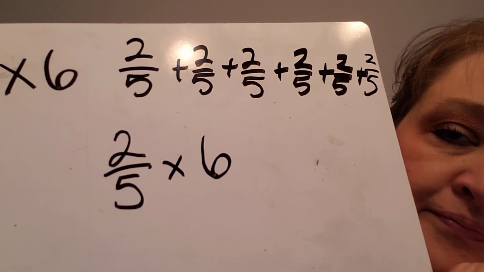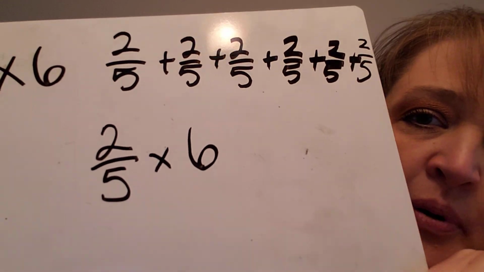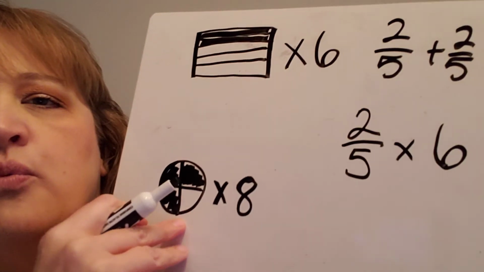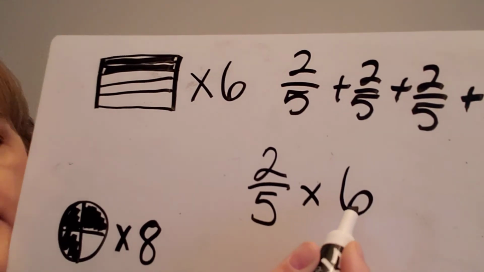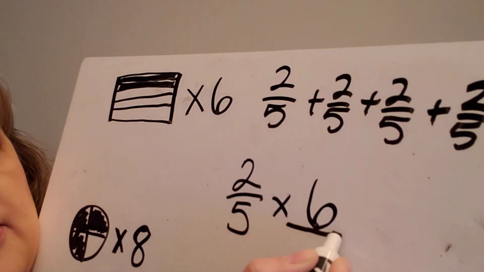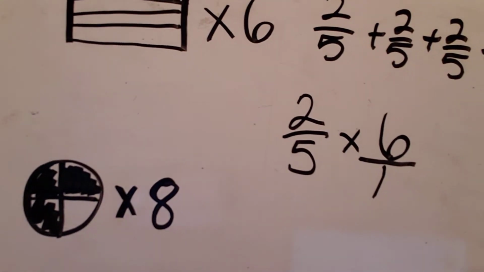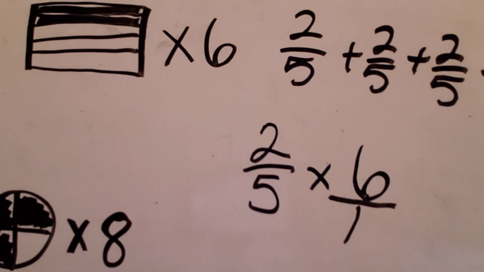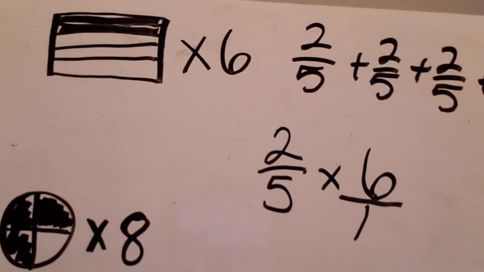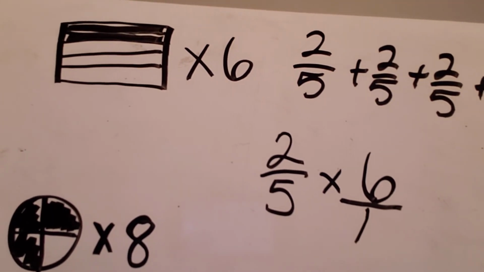All right, now let me show you how to set up the problem. So we're going to say that the 6 is over a 1. Okay, it's over a 1 because it's a whole number. Okay, so I'm going to rewrite it so that it's more even.